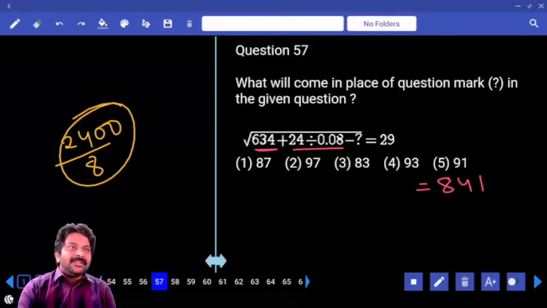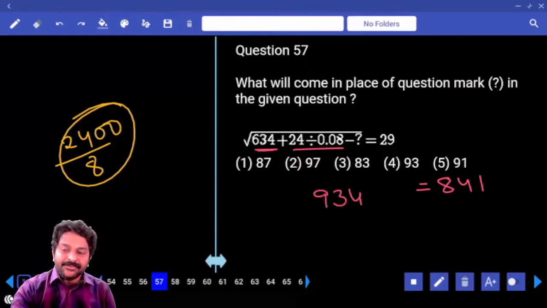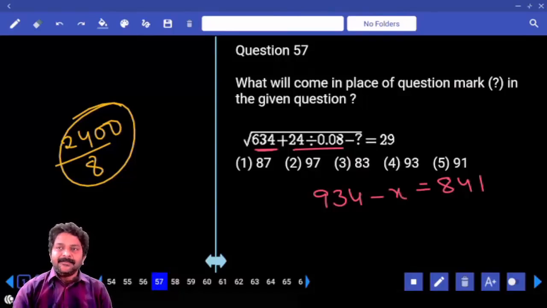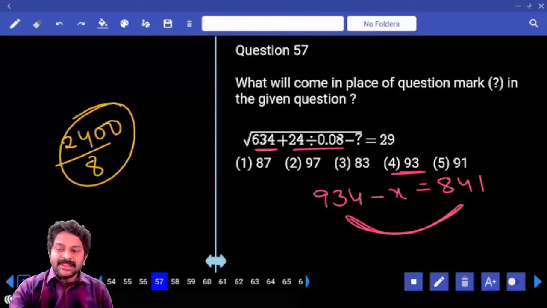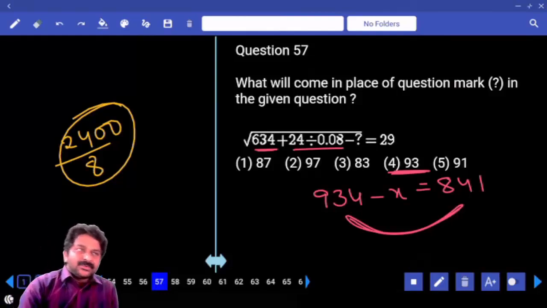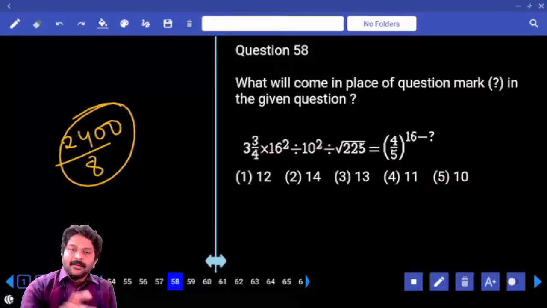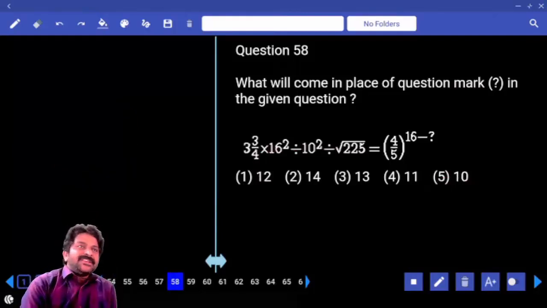Already we have 634 plus 300. 934 minus x, correct? x is equal to the difference between these two numbers. How much is that? 93. Last digit cannot help. 4 minus 1 ends with 3 and there are two options. So completely you have to calculate. 93 fine. Over. Right. So where is your x value?